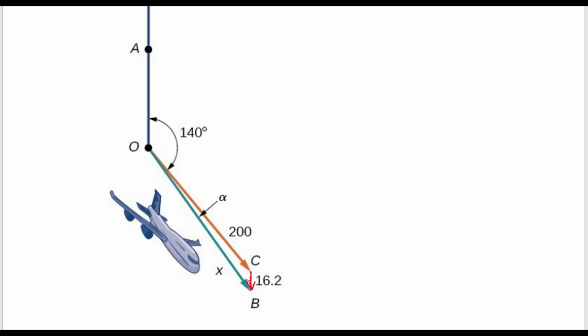Now let's see. I'm going to draw some pictures here and try to exaggerate this a little bit. So this isn't going to be to scale, but this is the real vector, and then this is that 16.2, and this is that 200.